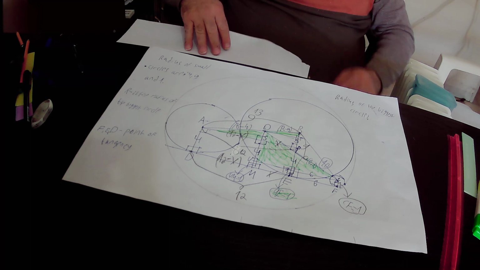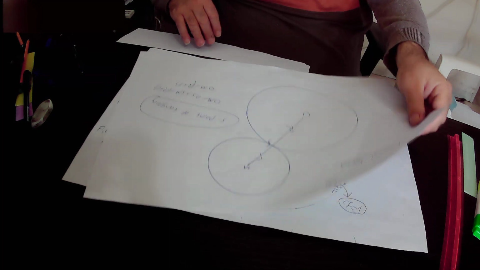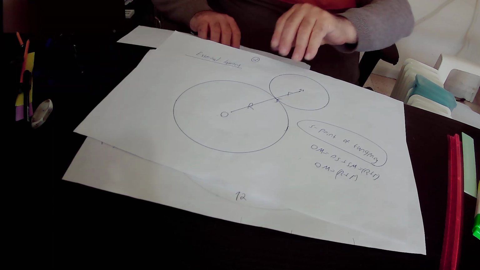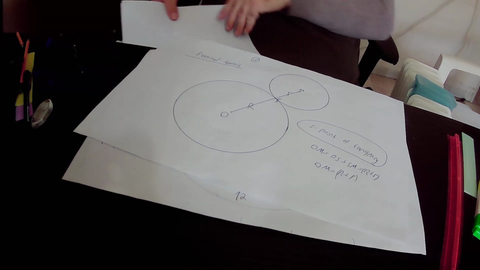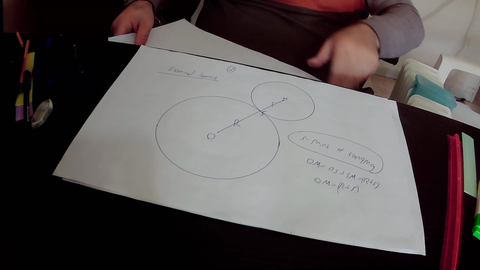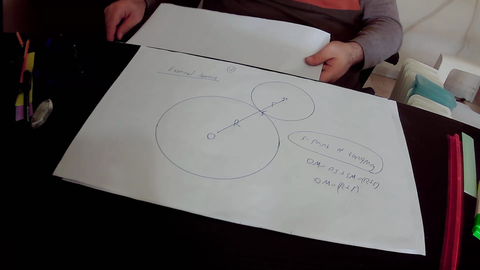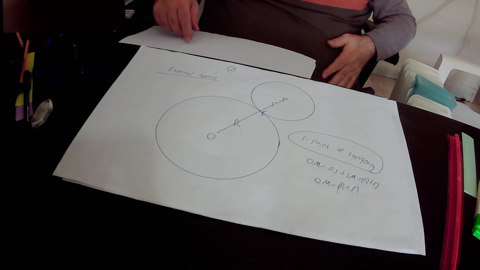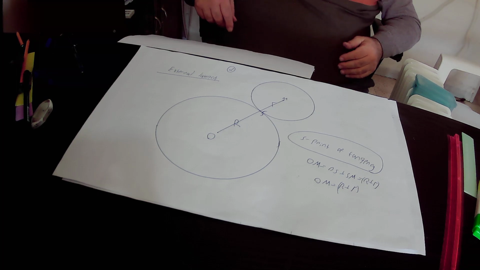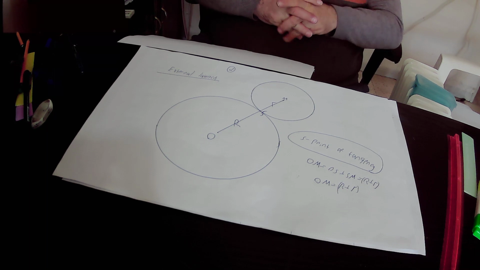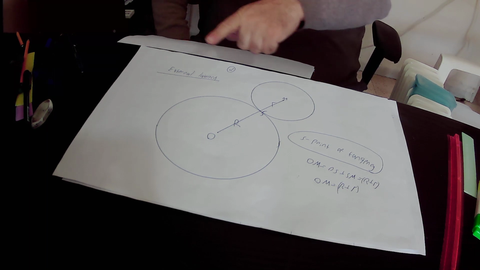So first of all, I presented to you a new theorem that is the external tangency. When two circles are touching each other, they can touch each other in two different ways. The first type of tangency between two circles is the external tangency.